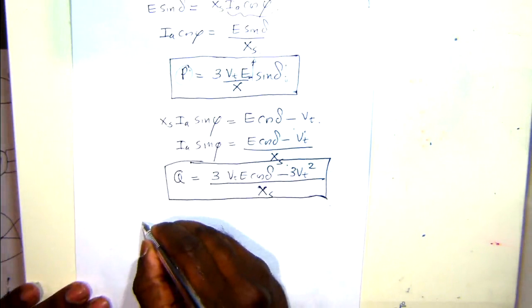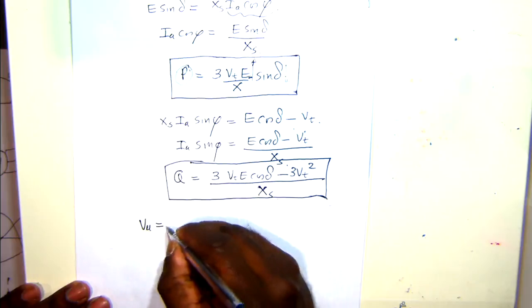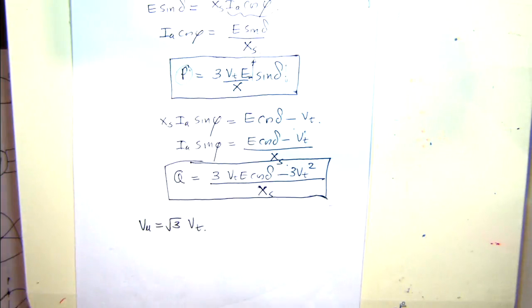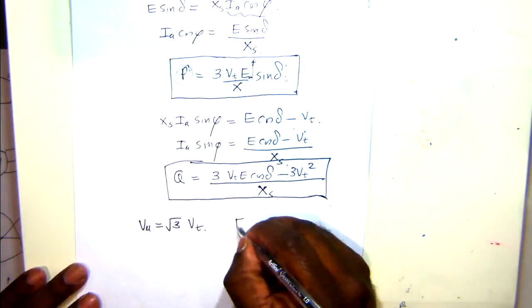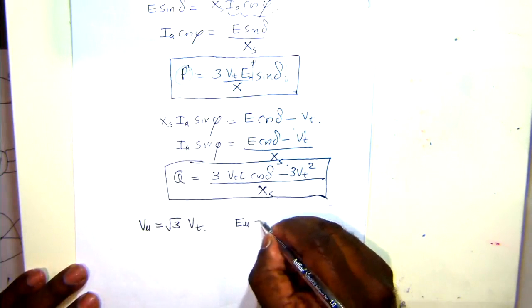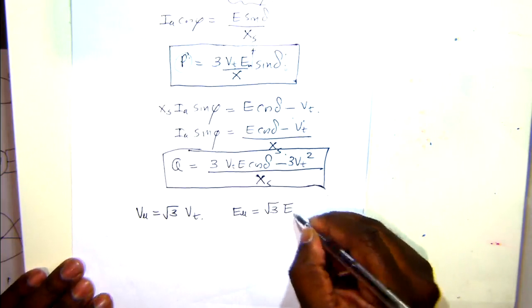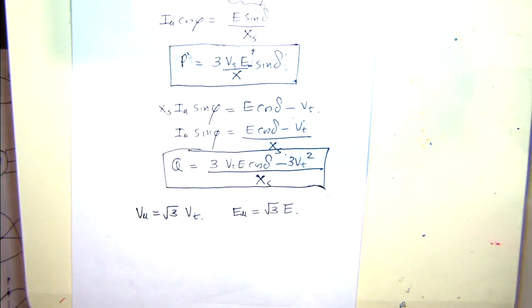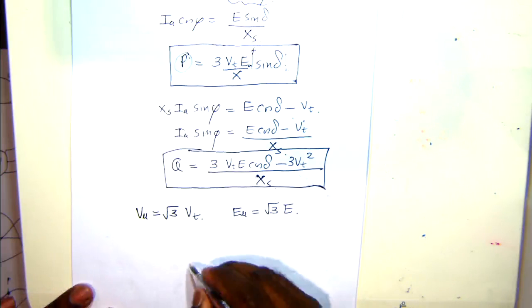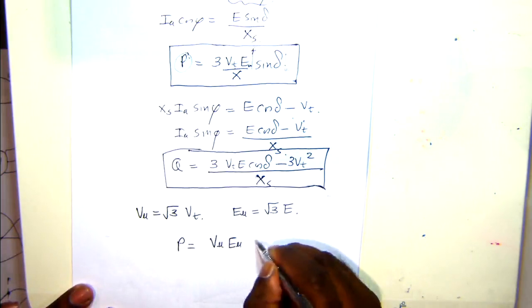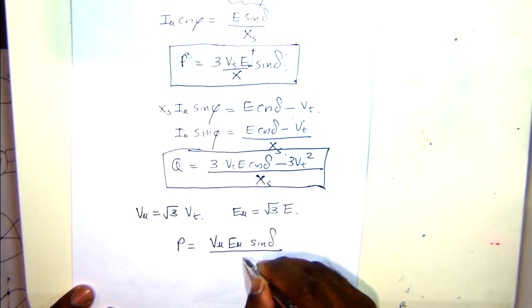Let's say you write V line-to-line terminal voltage as root 3 Vt, and E line-to-line excitation voltage as root 3 E, and then you can factor in the root 3's into this. You can also write it as P equals V line-to-line, E line-to-line sine delta over Xs.